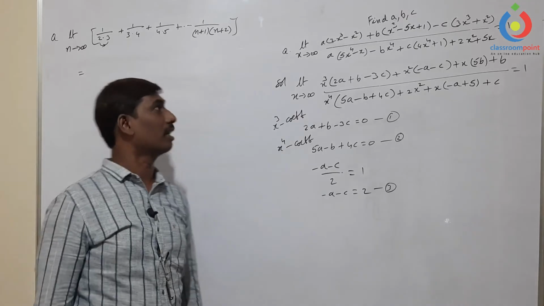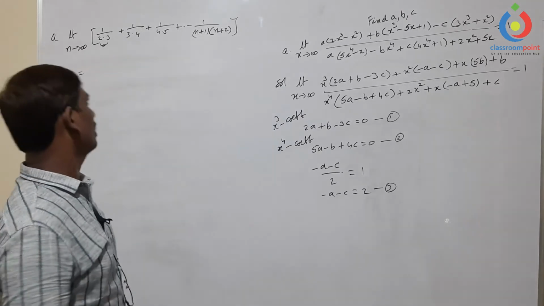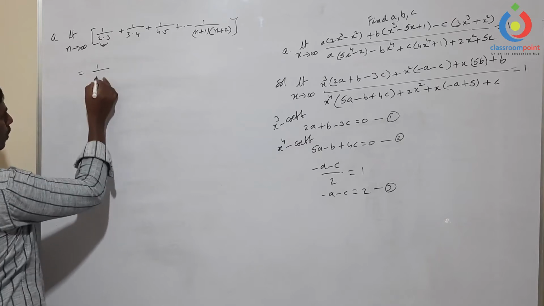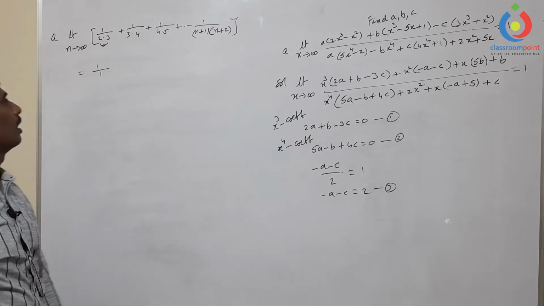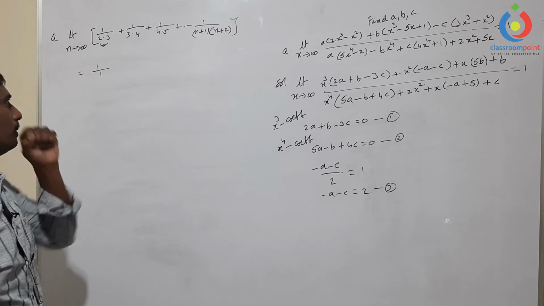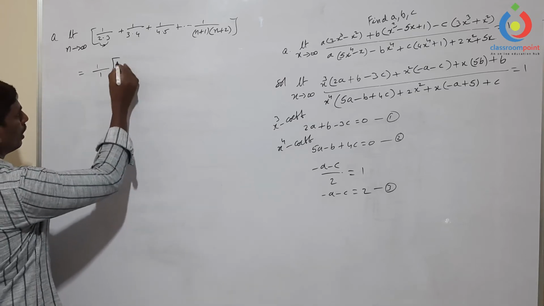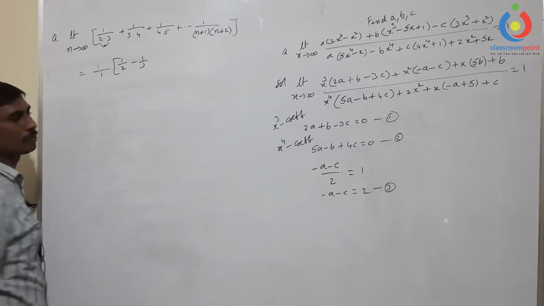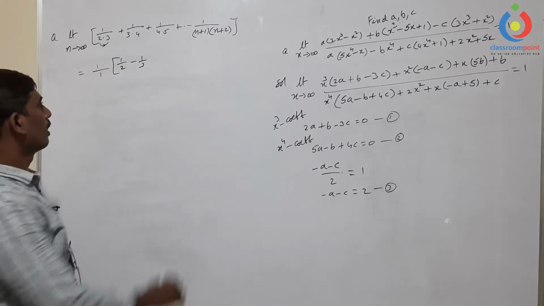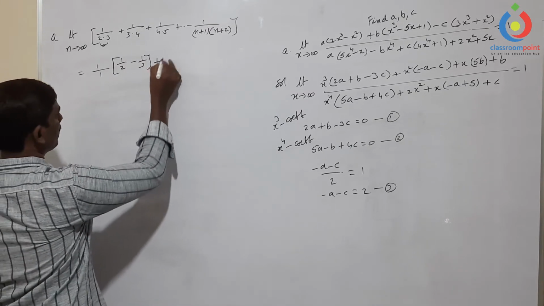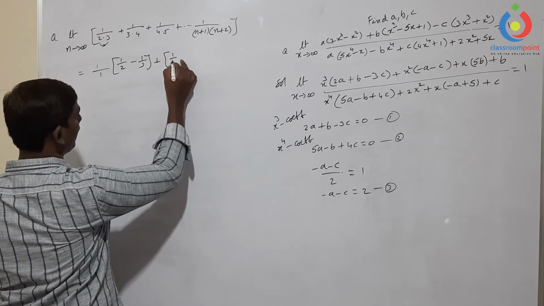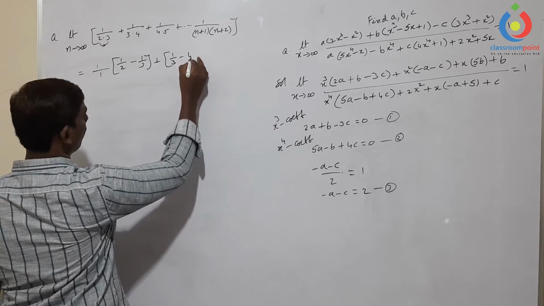What is that? 1 by the difference of these both, which is 1, into 1 by 2 minus 1 by 3, that is, maximum value minus minimum value. Next, plus the difference of these both, that is also 1, into 1 by 3 minus 1 by 4.